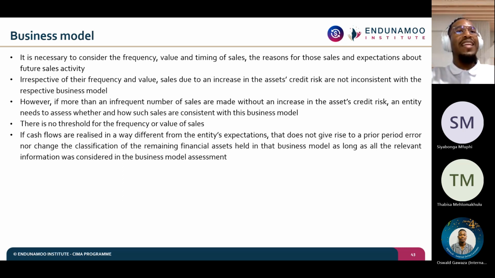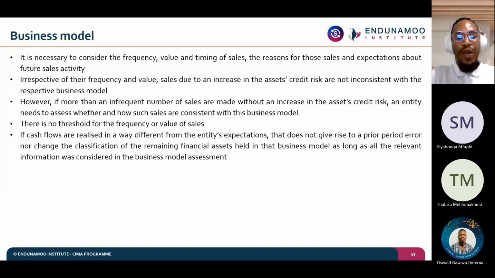However, if more than an infrequent number of sales are made, so if you have more sales being made in the absence of an asset's credit risk increasing, you as an entity would need to assess whether and how such sales are consistent with the business model.